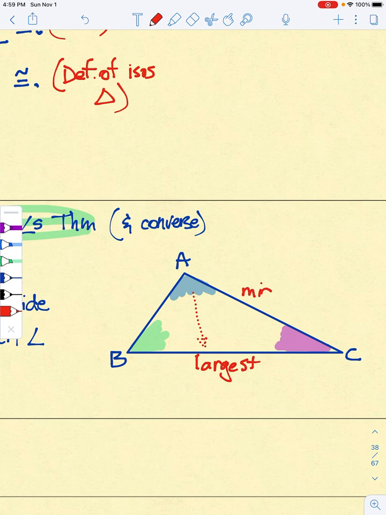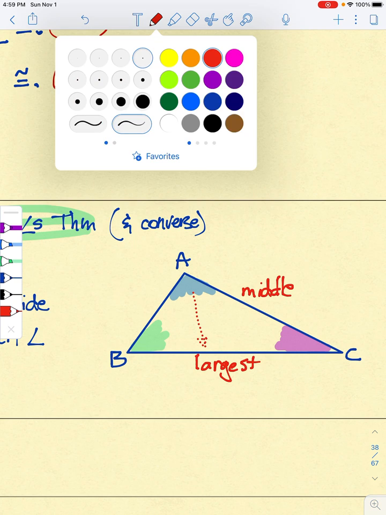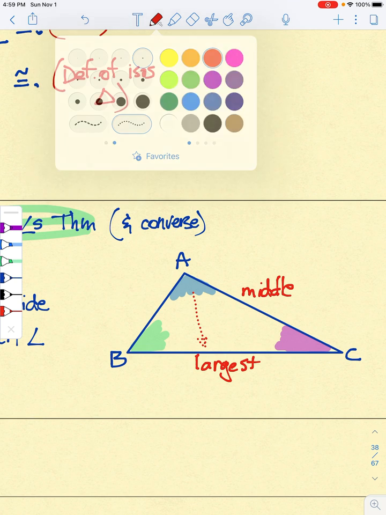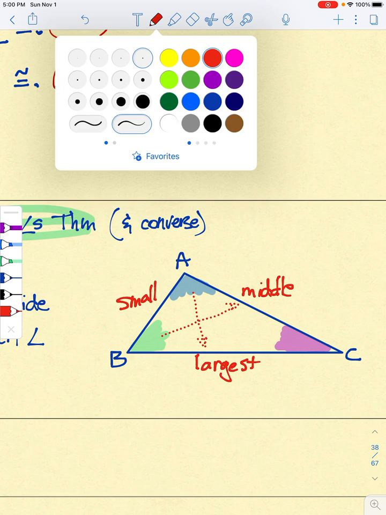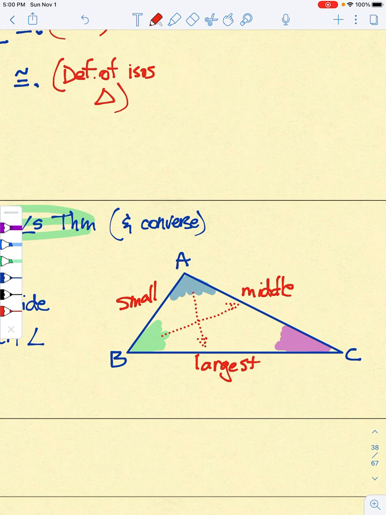And this looks like it's the middle side. And notice it is opposite the middle angle. And then the smallest side is opposite the smallest angle.